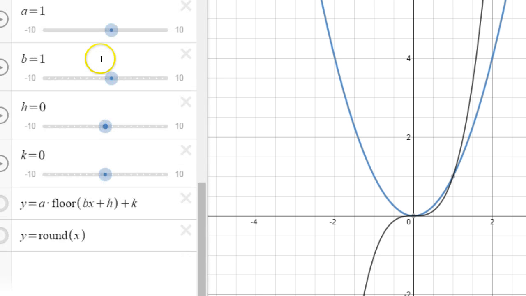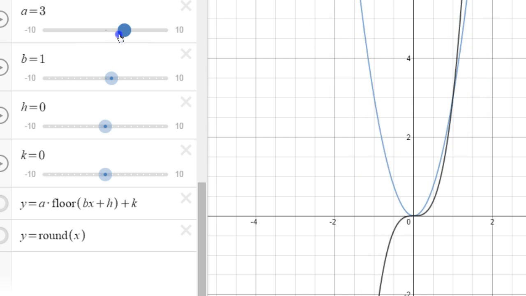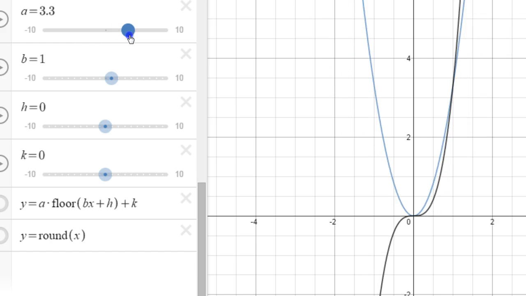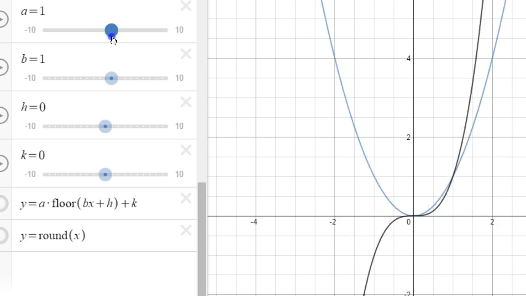So don't worry about the b's for right now, but the a's obviously control the slenderness or the skinniness of the graph, and if you notice the snake also moves with it, and even if I have something else like to the fourth power, it will do the same.